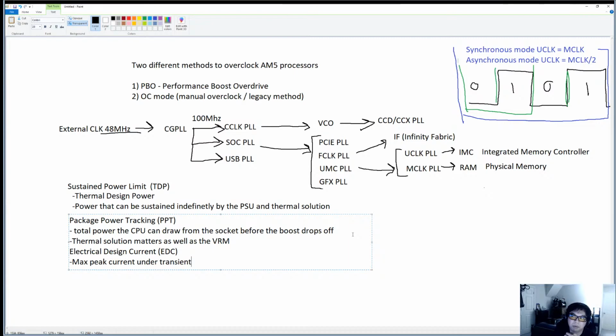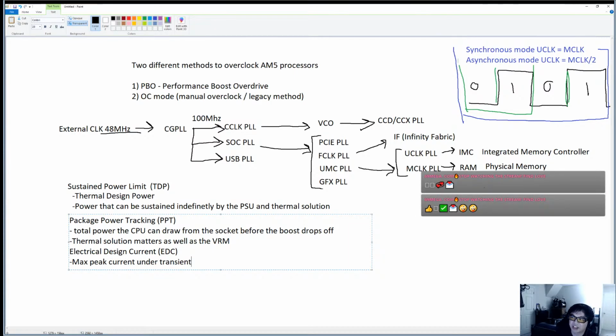Sometimes lower quality PSUs just let it slide and they don't do anything until they blow up. But sometimes there are strict PSUs, like for example Seasonic. I've had a Seasonic that will turn off on me if I'm using that with a Vega 64. So that is something to keep in mind.